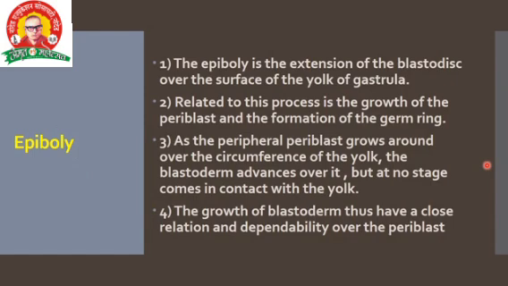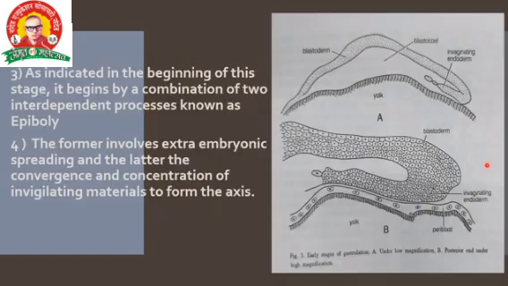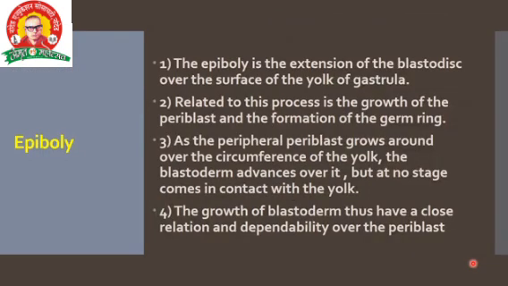Related to this process is the growth of the periblast and the formation of the germ ring. Here is the periblast, and the formation of the ring.